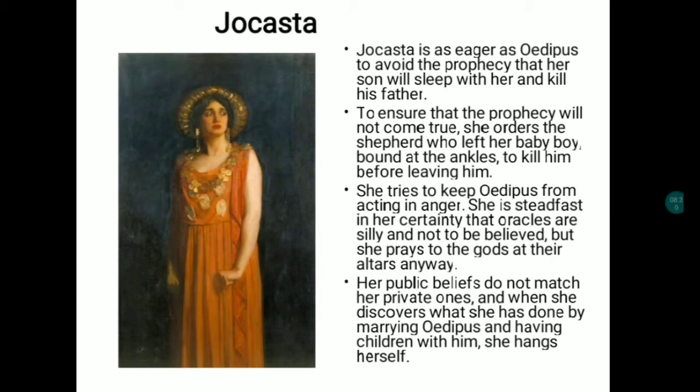But at the end of the play, we come across that all the prophecies are real, and she commits suicide by hanging herself. So this is how the character of Jocasta comes to us in the play.